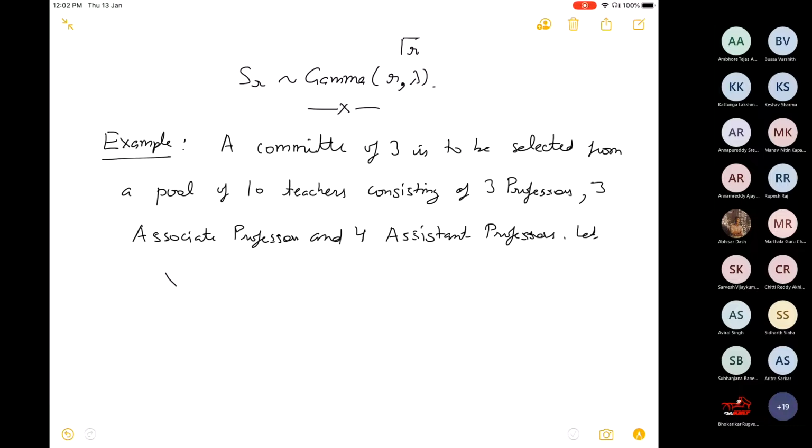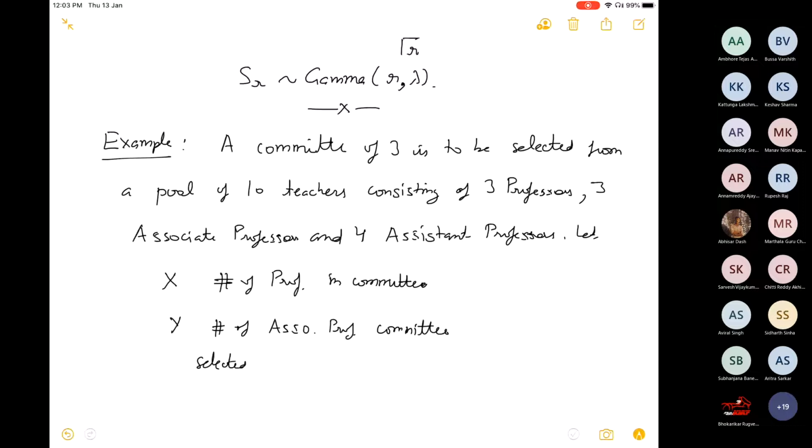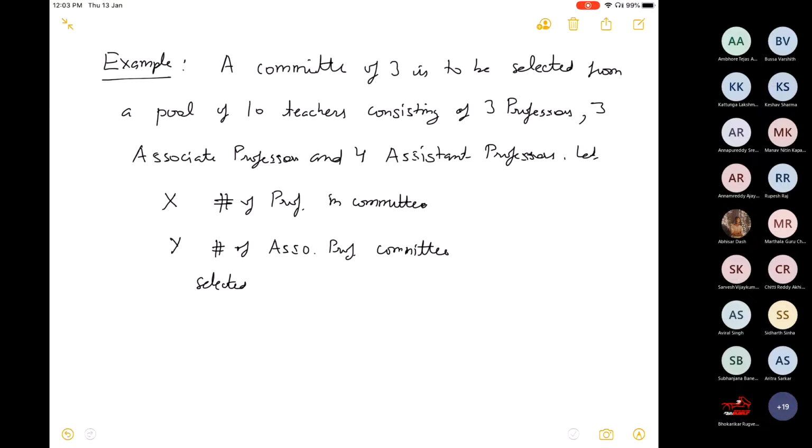Let random variable X denote the number of professors in the committee, and Y denote the number of associate professors in the committee.